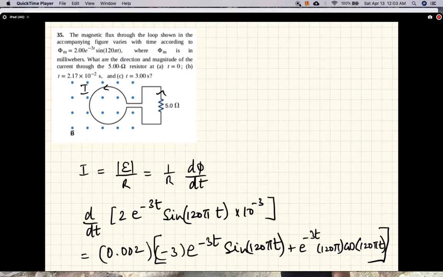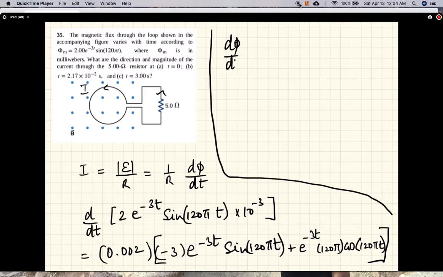Now what is it that we want to find? We want to find the value of this at various times. Again, what I'll do is find part A first, which is a little easy, hopefully. dphi by dt at t equal to 0.